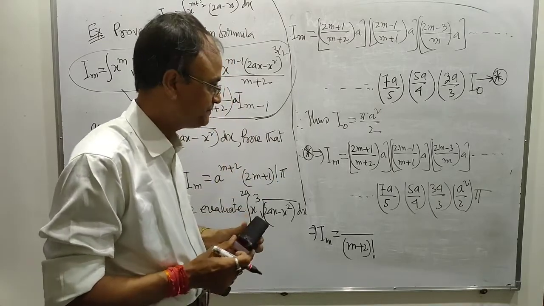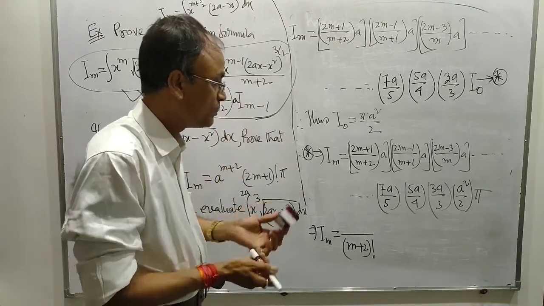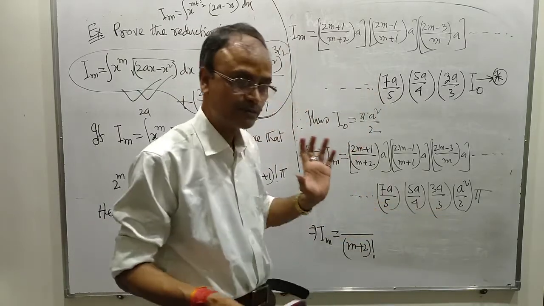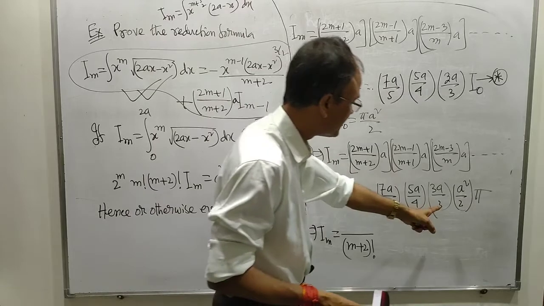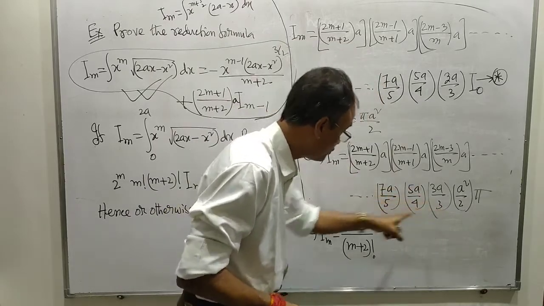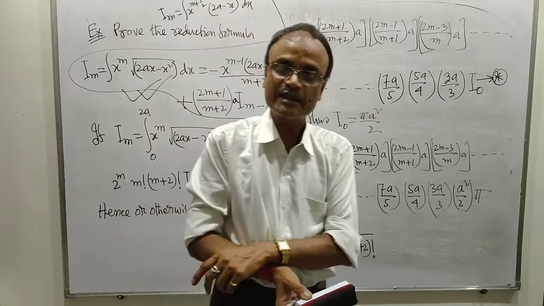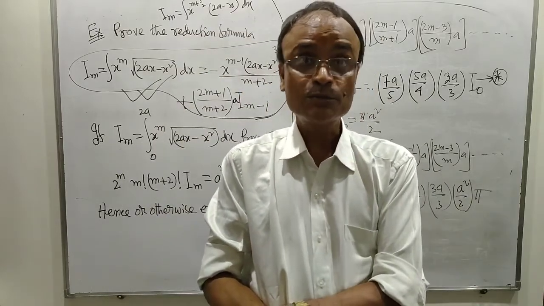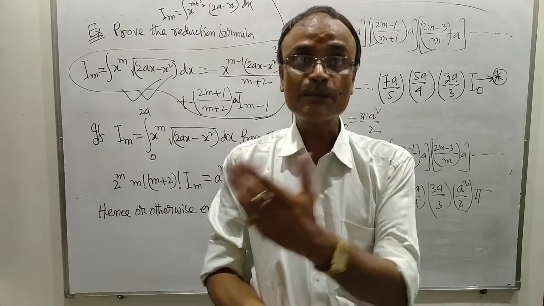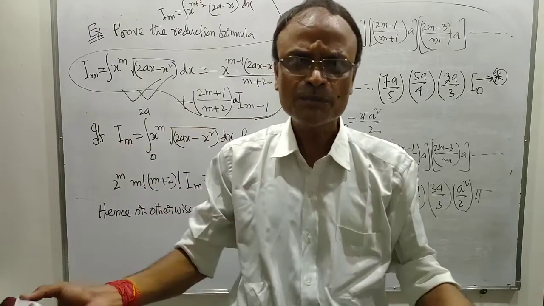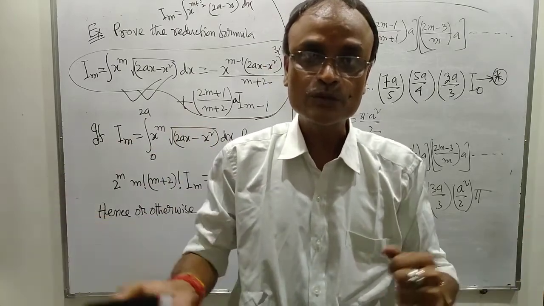Again, you see. From 3, you see how many a's are there. I am going to write this. It is 3, 4, 5. From 3 to m plus 2, how many terms are there? If it is from 1 to m plus 2, the number 1, 2, 3, 4 up to m plus 2, number of terms is m plus 2.